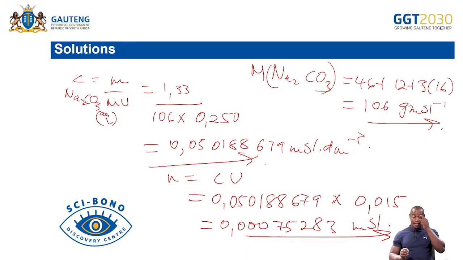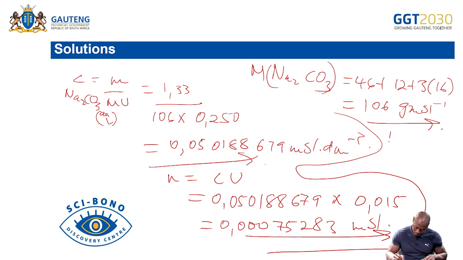Then how am I going to get the number of moles of hydrochloric acid? Hydrochloric acid to sodium carbonate is a ratio of 2:1. Where am I getting this 2:1 from? I'm getting 2:1 from the balanced equation. The coefficient of HCl is 2. The coefficient of Na2CO3 is 1. Hence, I'm saying 2 is to 1.